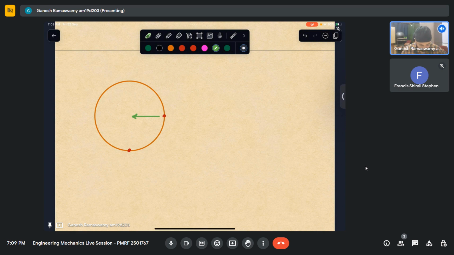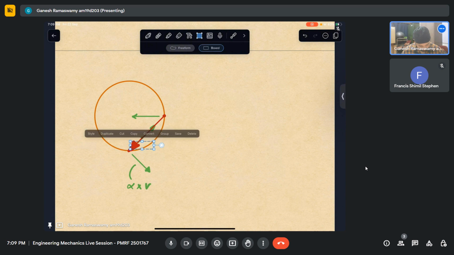And when I look at this point with respect to that, it will be having an acceleration like that. Centripetal. And when I look at this again, because of non-zero alpha, it will also be having an acceleration like that. So this is that alpha cross R, where this is my R. If I take this to be my R, this is my R. Let me draw it in one more.